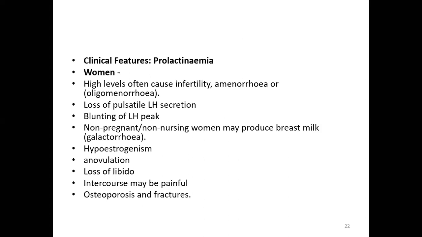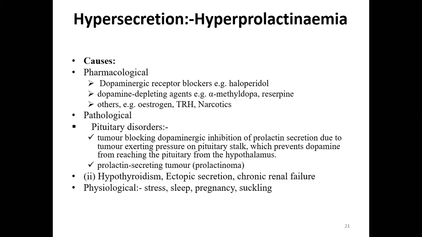So dopamine antagonist drugs can cause prolactinemia. So, one, dopamine receptor blockers, like haloperidol, which is used in patients with psychotic conditions. And then there are some drugs which are used to treat hypertension.